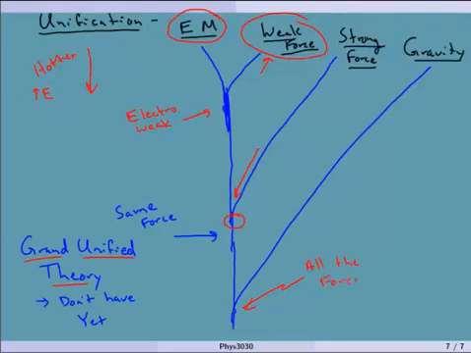This is called a TOE, a theory of everything, which means a theory of all of the forces in one place. Not the best name for a theory of everything, I guess.